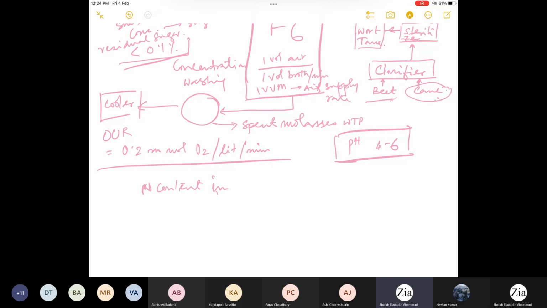So the nitrogen content in beet molasses is almost 5 times higher than in cane molasses.